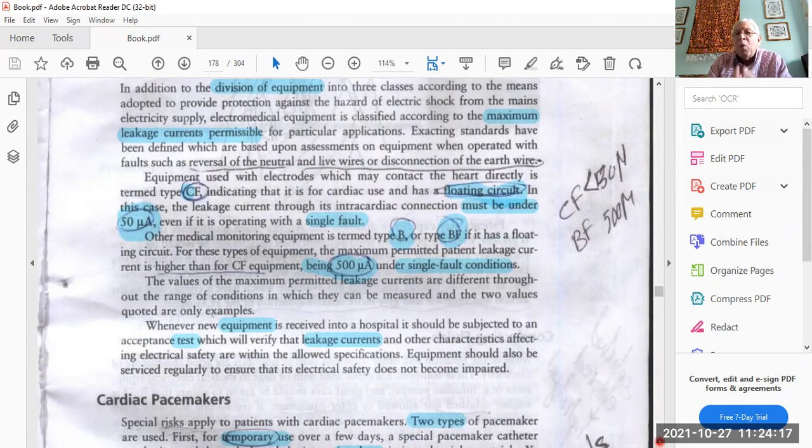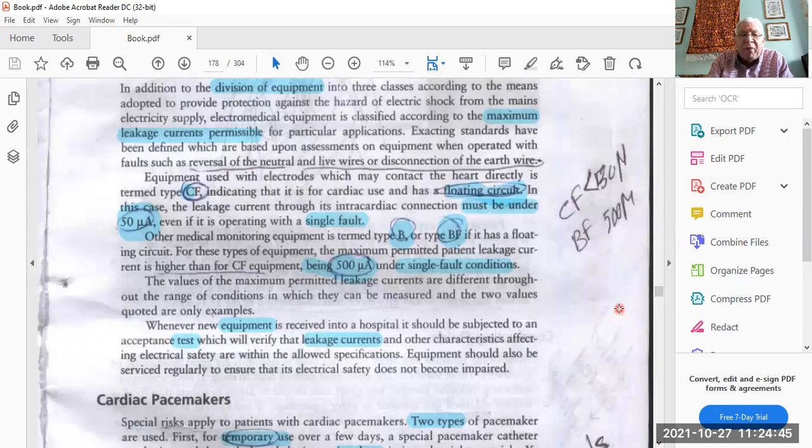What's the meaning of that? We have electrical equipment used in open heart or cardiac surgery, and equipment used in non-cardiac surgery. Why are we concerned about this in cardiac surgery? Because most probably this type of surgery may introduce capacitors through the heart. So the leakage current in such instruments working in the heart must be floating, as we said, floating.